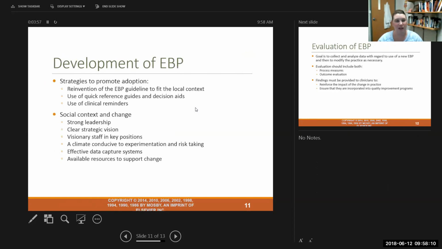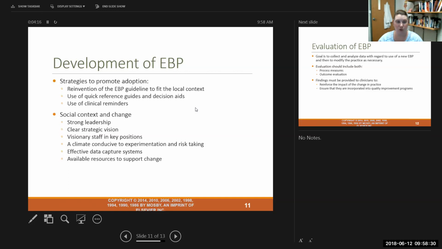Before you're going to develop an evidence-based practice, you would want to make sure that your guidelines are kind of fitting the context that you're working in, that you perhaps offer quick reference guides on how to help people go about doing this, and use of clinical reminders.